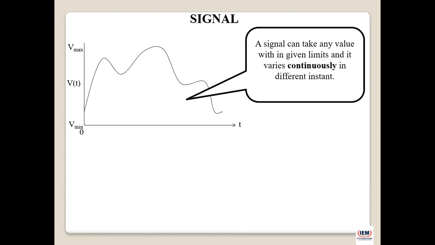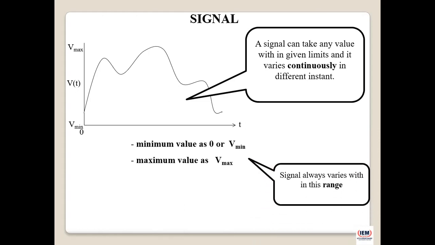In that graph we find that the value varies continuously at different instants. The x-axis is the time axis, or t, and the y-axis is the voltage, the amplitude. The signal has some range, either 0 or V min, or V max, the maximum of the amplitude.